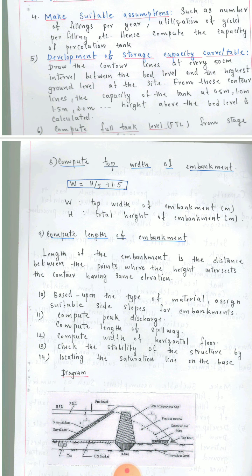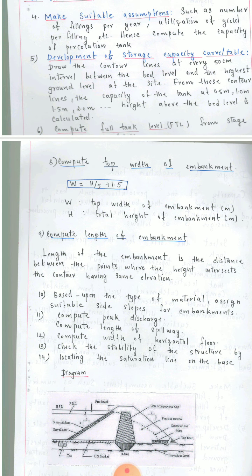Next is development of the storage capacity curve or table. Draw the contour lines at every 50 centimeter interval between the bed level and the highest ground level at the site. From these contour lines, the capacity of the tank at 0.5, 1.5, 2 meter height above the bed level is calculated. So this is how we calculate the storage capacity, where we derive the curve or a table.